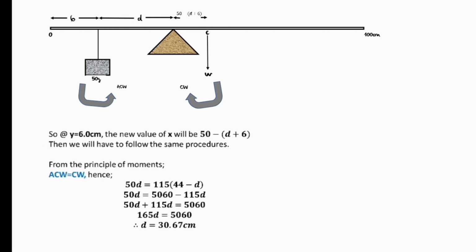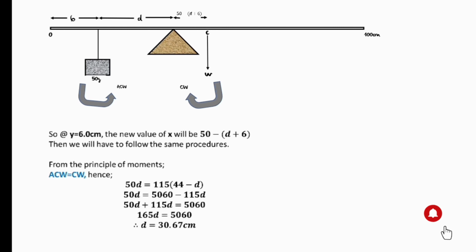So even at y equal to 6 centimeter, the new value of x will be 50 minus open bracket d plus 6. Then we follow the same procedures from the principle of moments. Anti-clockwise moments equals clockwise moments. Then we simplify everything, and we end up getting the new value of d, which is 30.67 centimeters.